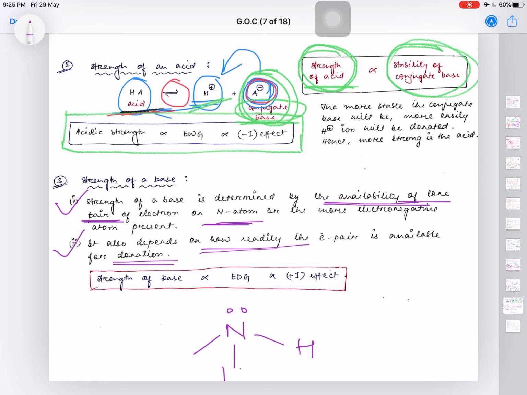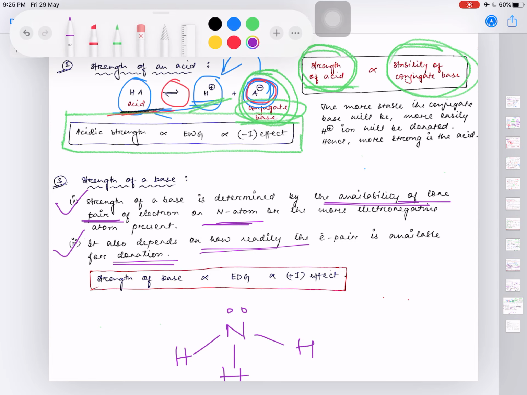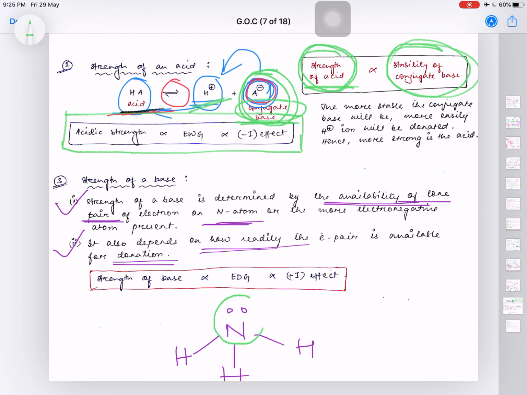If you have only hydrogens surrounding nitrogen, then nitrogen is more electronegative than hydrogen, so it will pull electron density from these hydrogens, and this lone pair will be completely available on nitrogen, so it is basic. This is more basic.